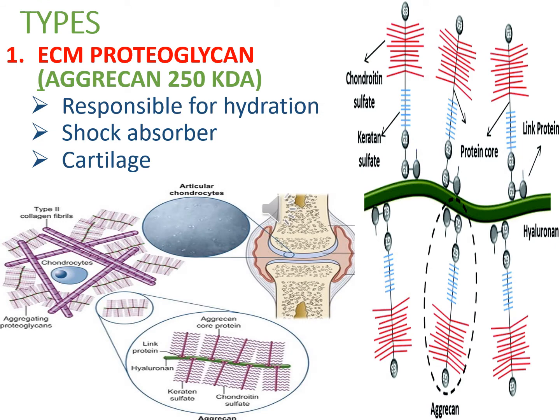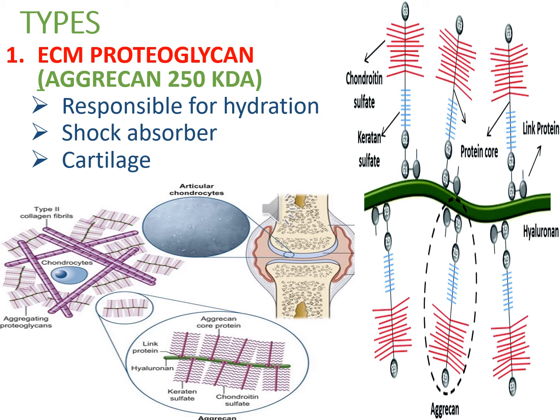There are two common varieties of proteoglycans. One is the extracellular matrix proteoglycans, and the other is the cell surface proteoglycans, which are attached to the surface of the cell. The extracellular matrix proteoglycan aggrecan has a greater mass of polysaccharide chains than polypeptide chains, so more carbohydrate.